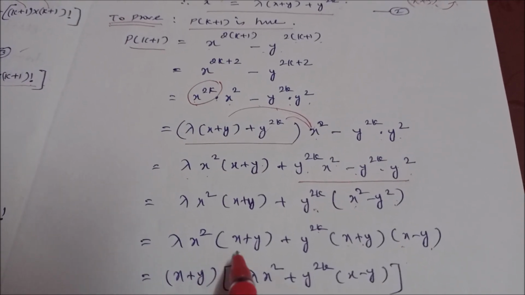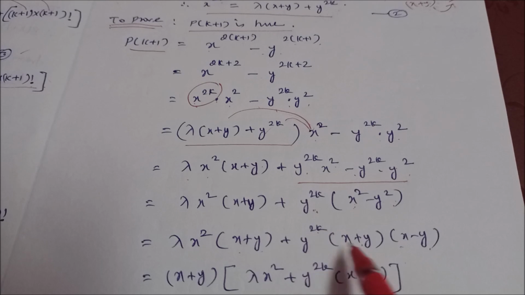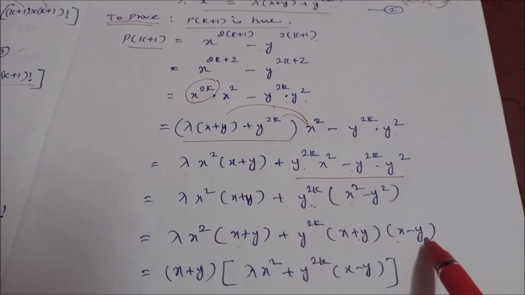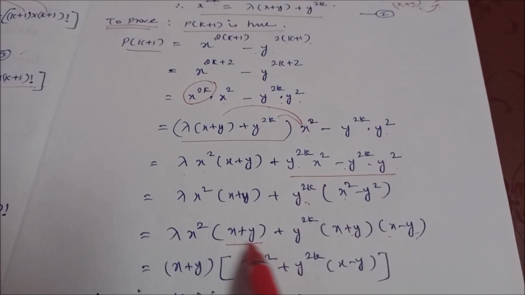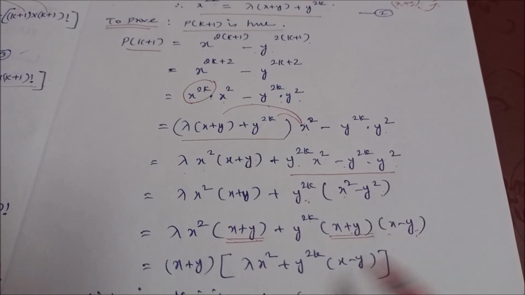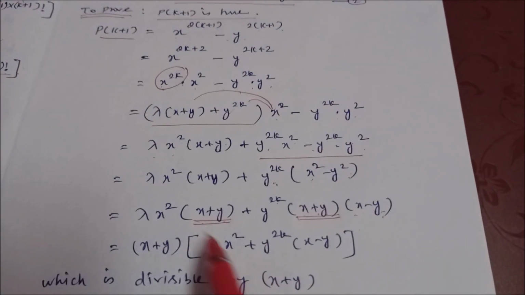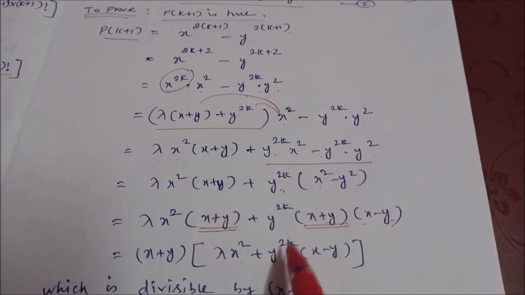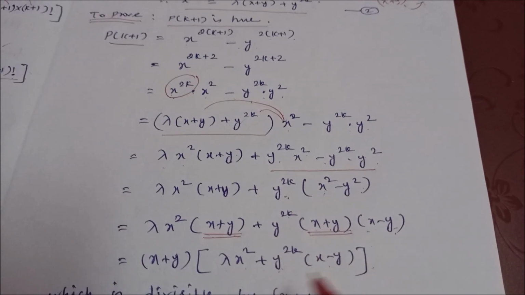Therefore, (x + y) into λx² + y^(2k)(x − y). Take x + y out of both terms. The remaining terms are λx² + y^(2k)(x − y).